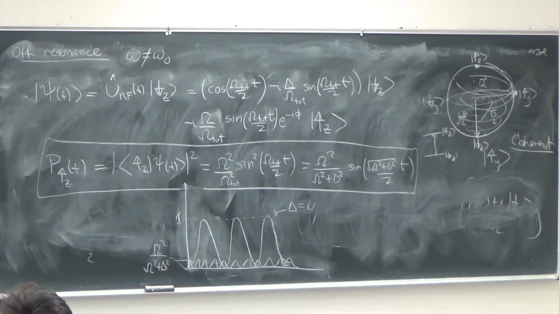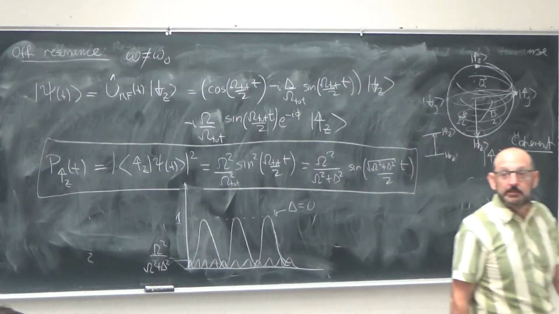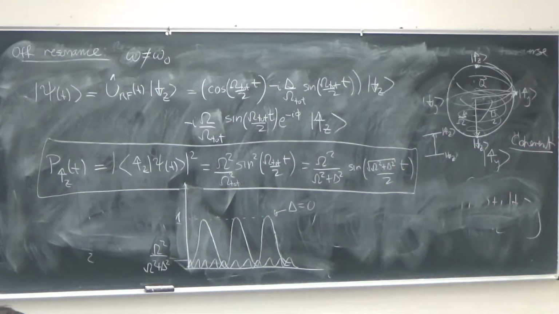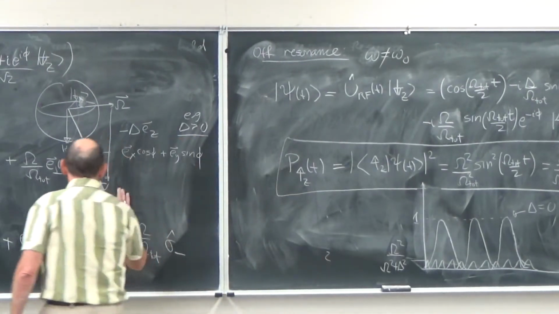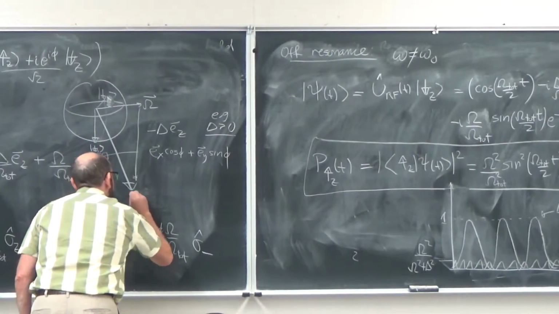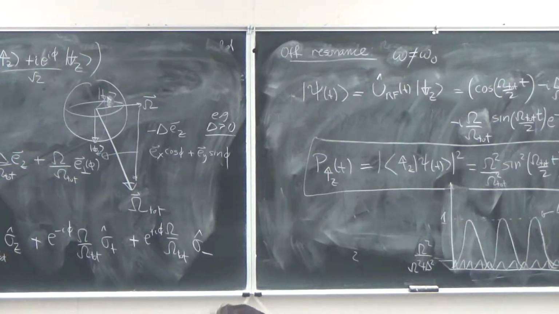That component here is equal to minus delta e_z. Let's say delta is positive in this particular example. So the torque vector now, for omega, the better omega, looks like that, right?